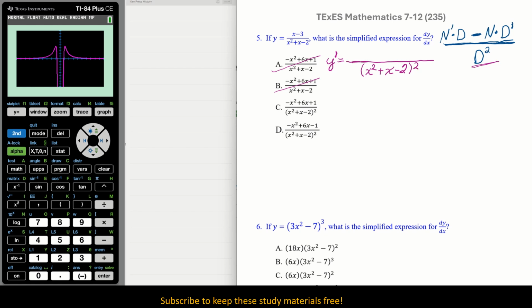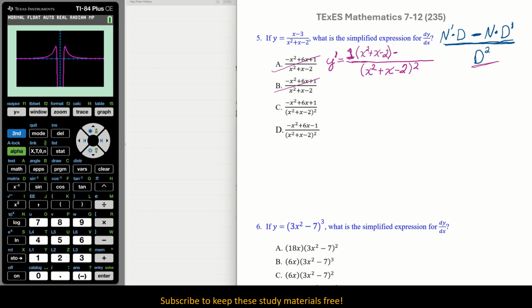And now for my numerator, I'm going to follow this pattern. The numerator prime, the first derivative, just ends up being 1. So 1 times what? The denominator as is. I don't need to write the 1, but I am. So that is x squared plus x minus 2.